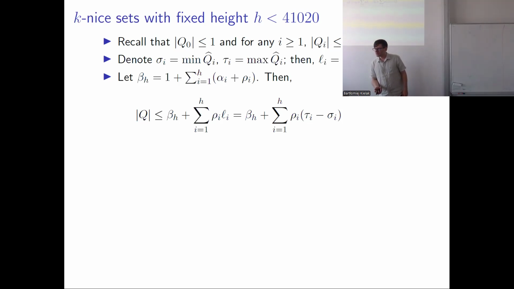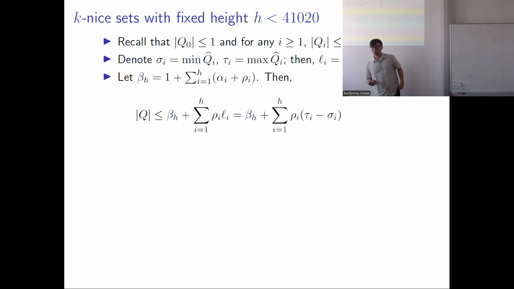I also want to define some beta H, which is essentially taking anything not related to Li and putting it together. This way I can write that the size of Q is at most the sum of everything not related to Li plus rho i times Li, but Li I can rewrite as the difference of the endpoints.